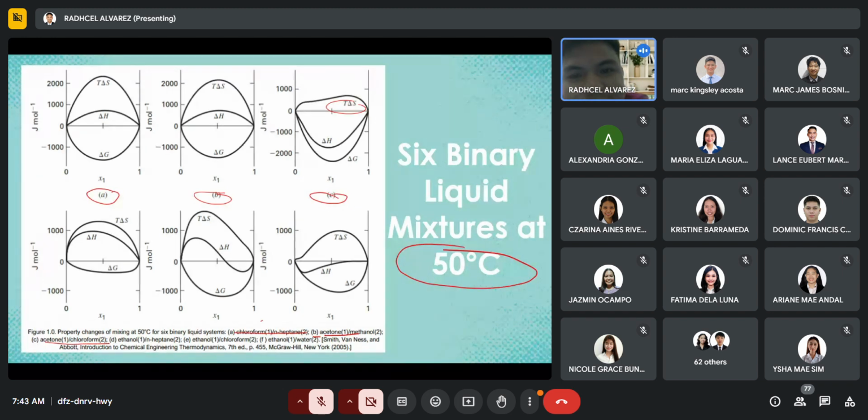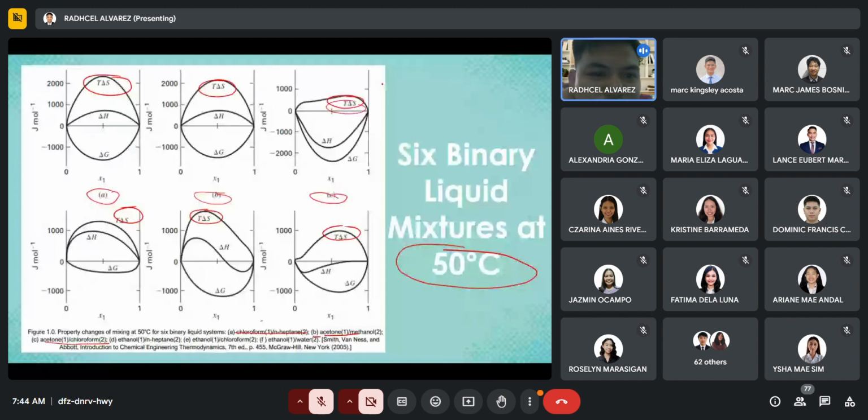Now, observe this graph. What are the observations or the common features that you can observe between these? So, bibigyan ko kayo ng example. Let's say, for example, inobserve natin si T delta S. Nakita nyo, lahat ng value ni T delta S ay nasa taas.